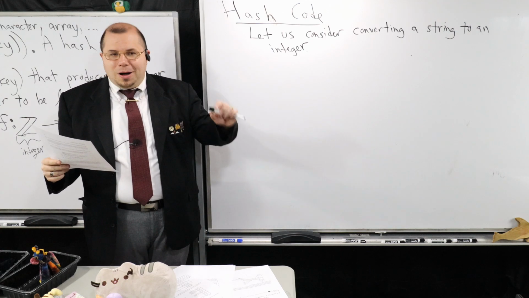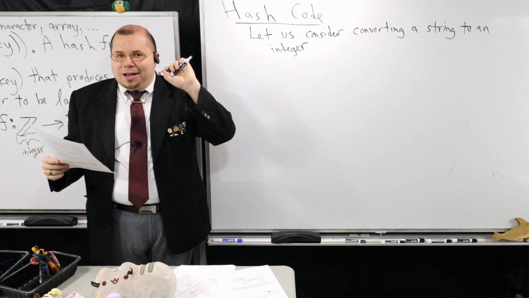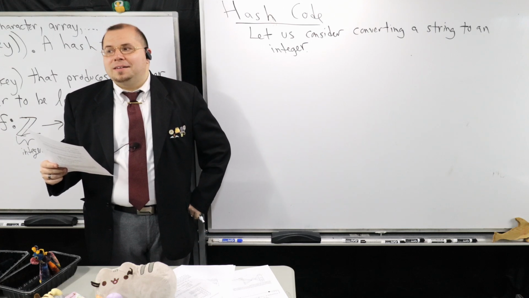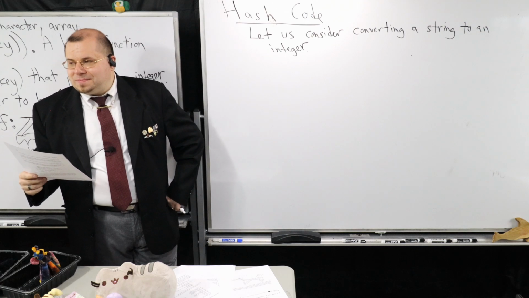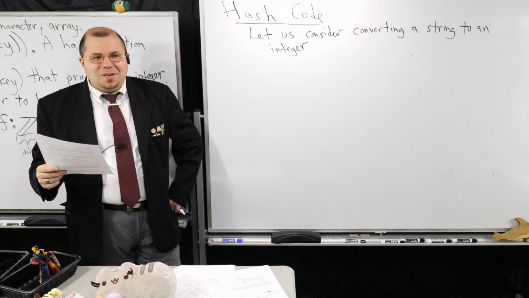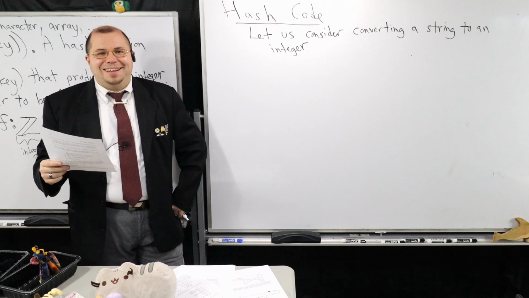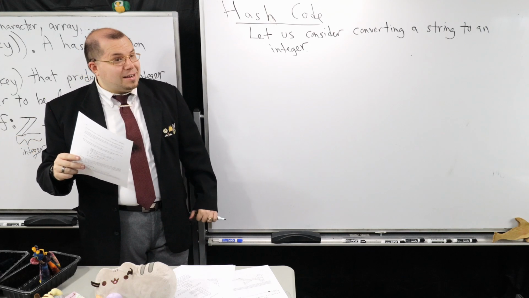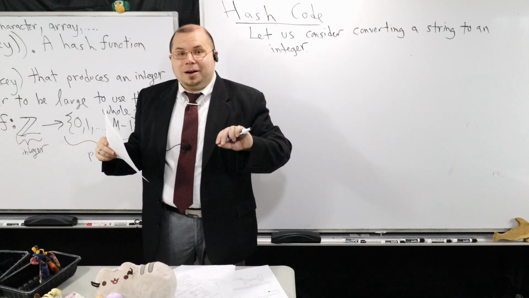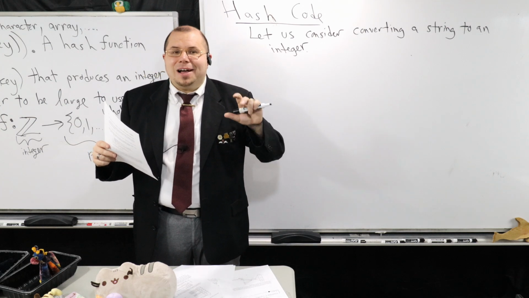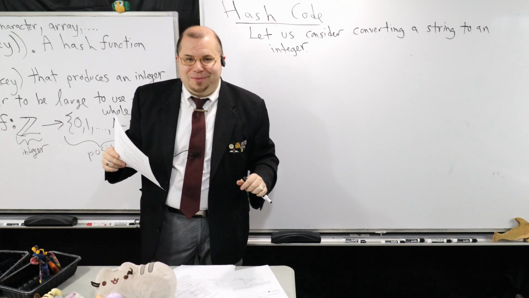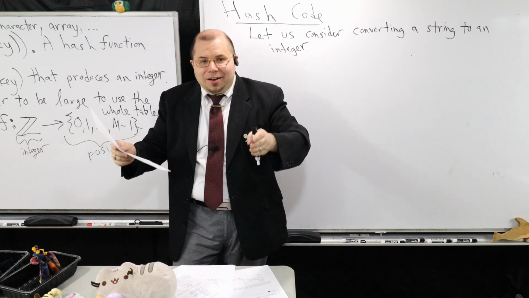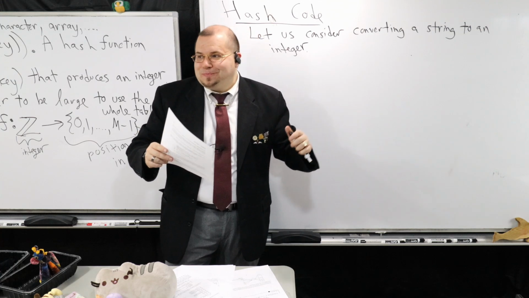So if I give you one character, what can I use to convert that into an integer? Any ideas at all? Don't be shy. Yeah, well, exactly. Somebody brought up ASCII. Yeah, the beautiful part about characters is that they always have a corresponding integer associated with them. So you can use casting, you can cast the character to an integer.